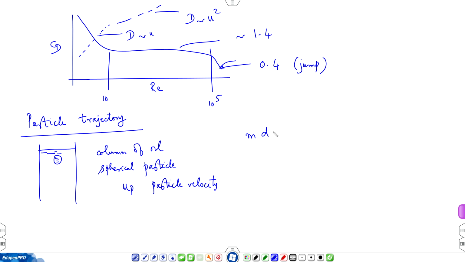So, if the particle is in motion, then let us say u p is the particle velocity. Then m times the acceleration of the particle will be equal to, let us work with a coordinate system which is positive in the downward direction, minus rho fluid g times volume minus. So, this particle will experience force on it, that is what the handbook information tells you.